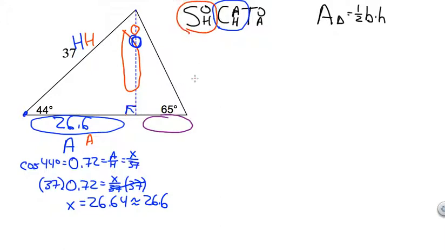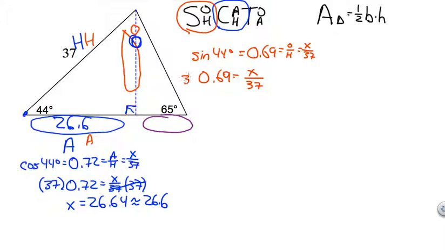And what I know is that the sine of 44 degrees is equal to 0.69, which, like all sines, is equal to O over H, which in this case is equal to x over 37. So 0.69 equals x over 37.